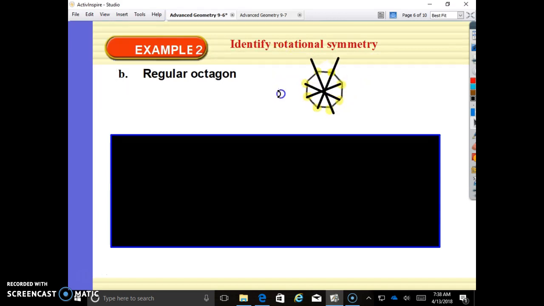See how when I rotate it looks the same again? I rotate it again. Same. Same. Same. So how many degrees? Every time I rotate it, how many degrees does it look the same?